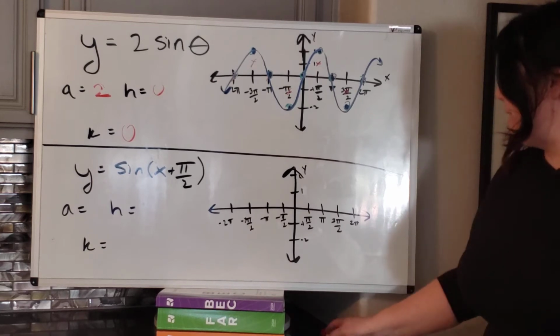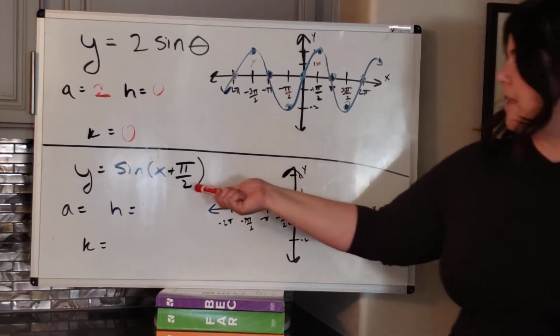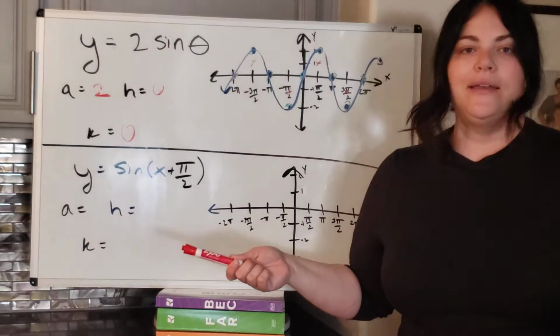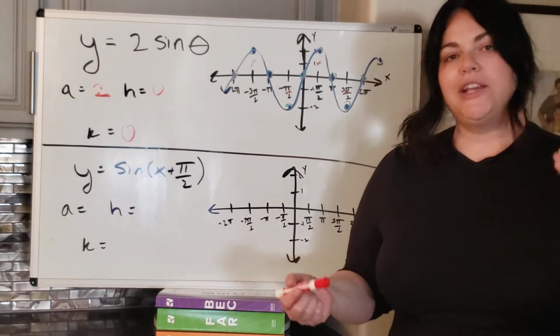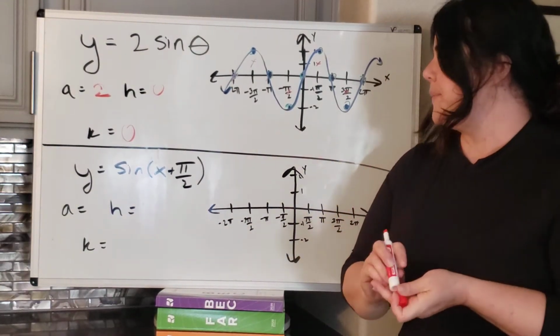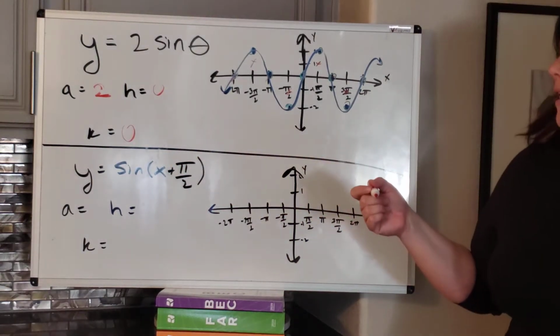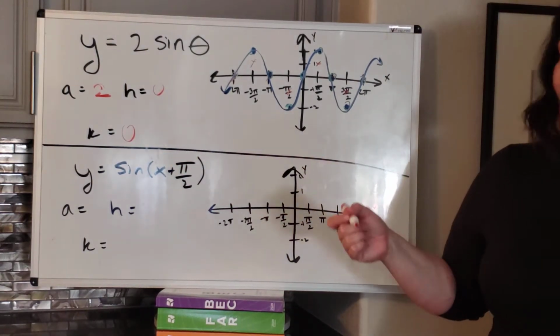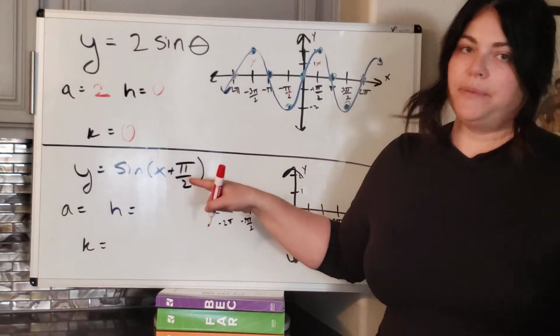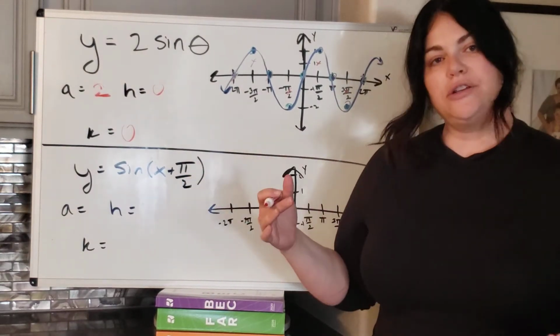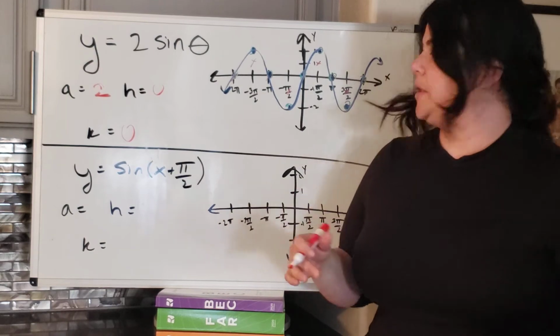On our second example, we're just going to have an H, which we can see because we've got a pi over 2. Again, H is always in terms of radians. Looking at this, I've got sine x plus pi over 2. This could also read as theta plus pi over 2. That's interchangeable, so it just depends on what you get.